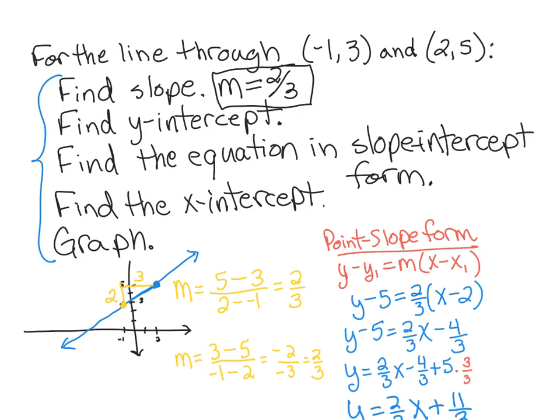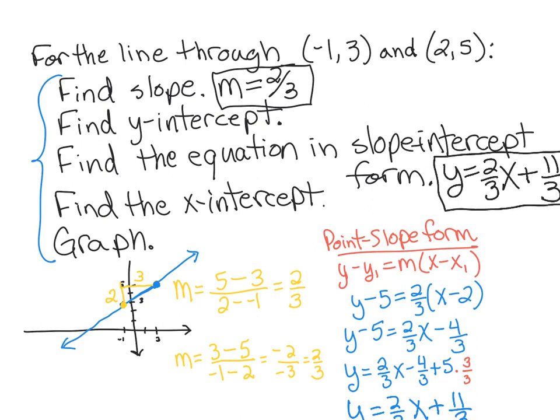That's my equation. I'm sorry, this keeps moving around here. So my equation in slope-intercept form is y equals 2/3 x plus 11/3.